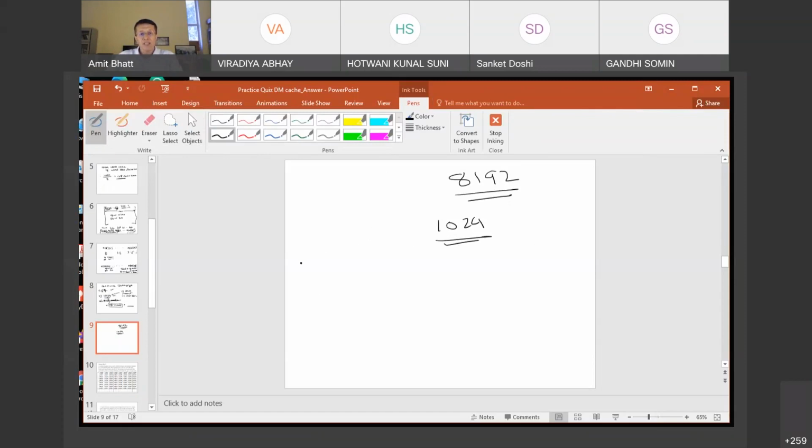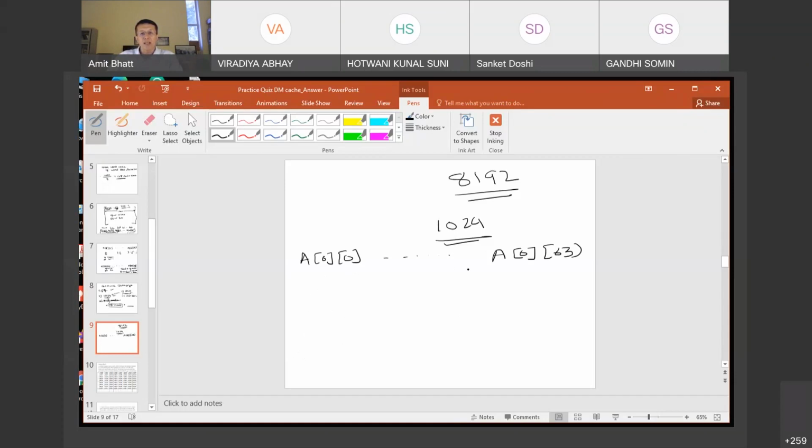So the first A00 to A063 will be overwritten. Till we have 1024 words, I will keep on putting these elements.